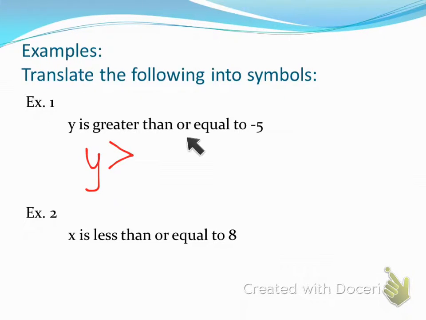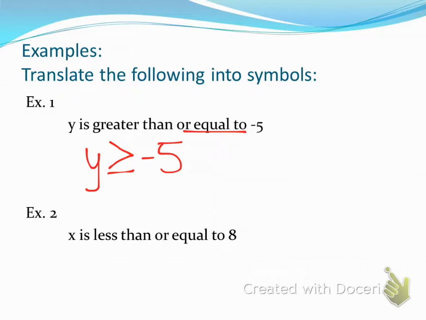How do I put the or equal to part? Put a line under it. If we put a line under the inequality symbol, that means or equal to. Negative 5 goes on the other side. Y is greater than or equal to negative 5.